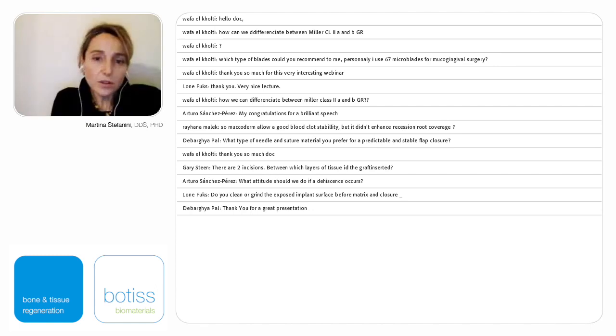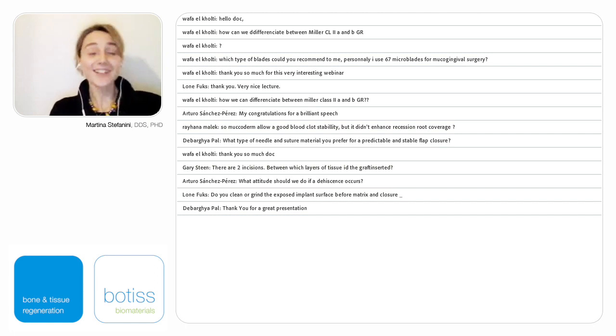In my opinion, there is some differentiation between class 2A and class 2B, because in class 2A there is still 1 millimeter of keratinized tissue remaining apical to the gingival recession.